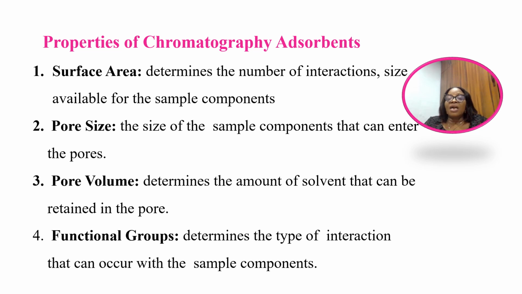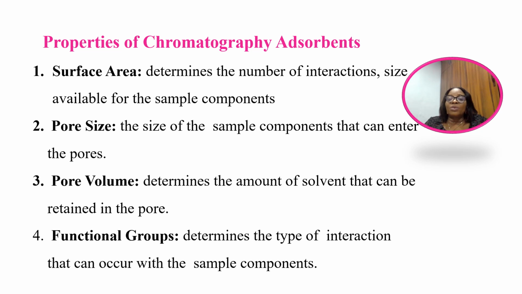The three critical properties include the surface area. The surface area of the adsorbent determines the number of interaction sites available for the sample components. Adsorbents with large surface areas are generally more efficient in separating complex mixtures. The pore size is another important characteristic. The pore size of the adsorbent determines the size of the sample components that can enter the pores.